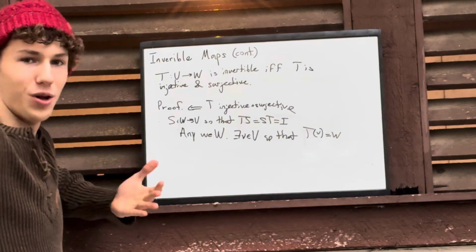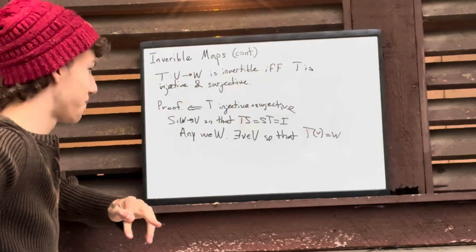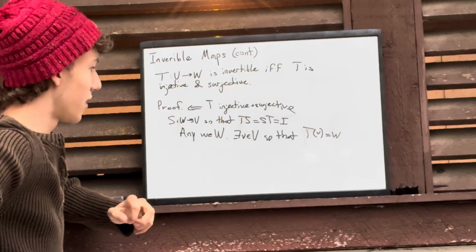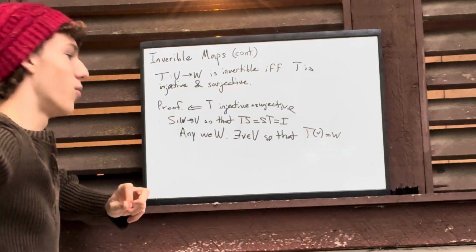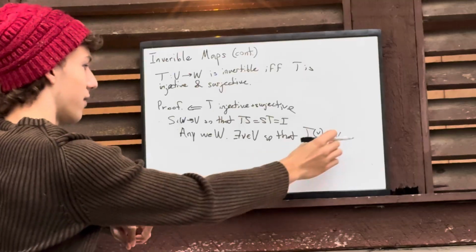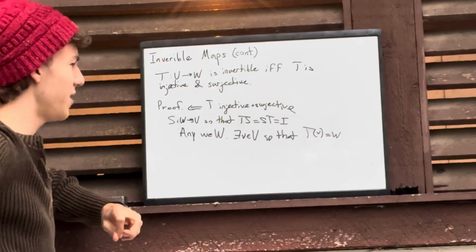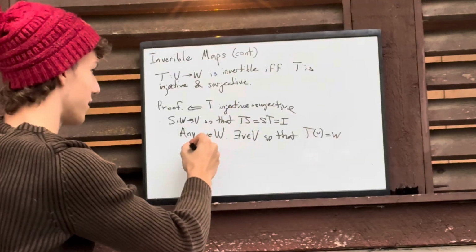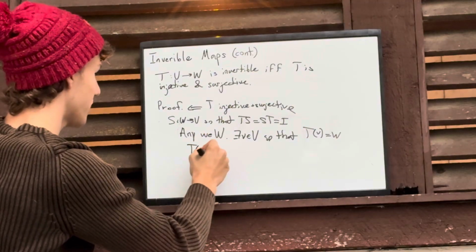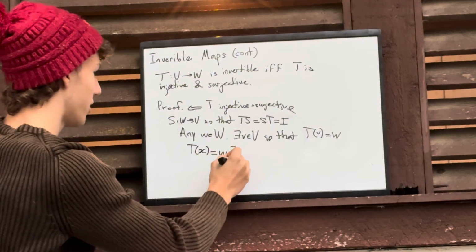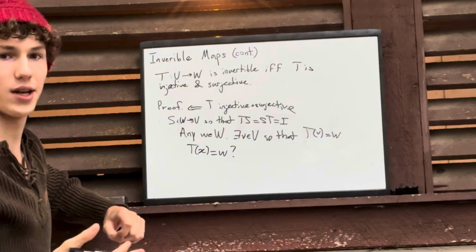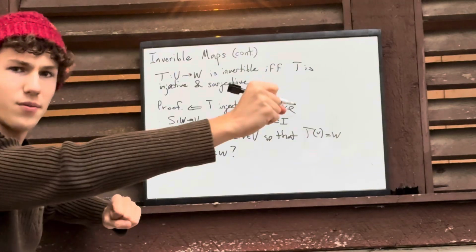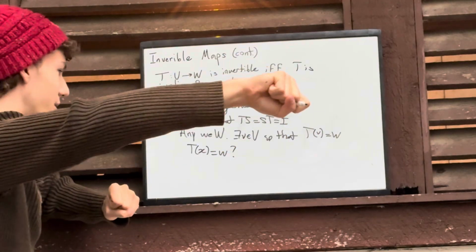Does that define a well-defined map? That's the question. Is this a unique V? What if there's another, say X, so that T of X equals W? We need to check this so that it's well defined, because a function can only map to one output. It can't do two different things.